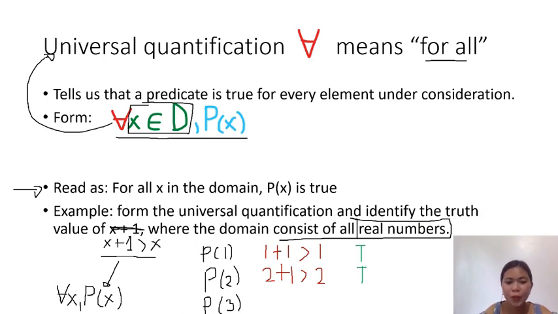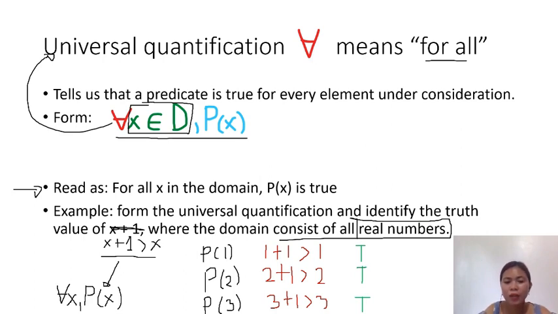Now, let's proceed to the third proposition. Our x here is 3. So, this is 3 plus 1 greater than 3. 3 plus 1 is equal to 4. Is 4 greater than 3? Yes, it is. Therefore, the truth value of proposition 3 is true.